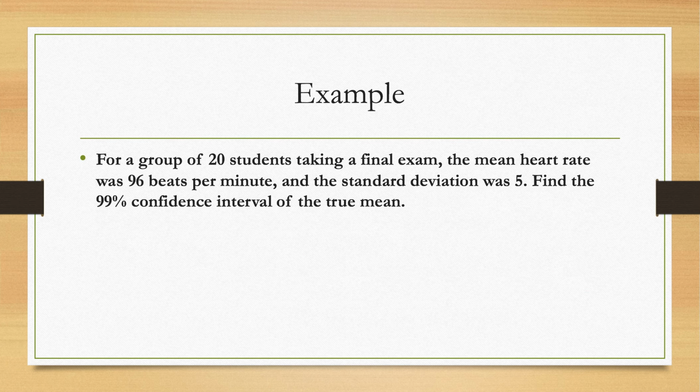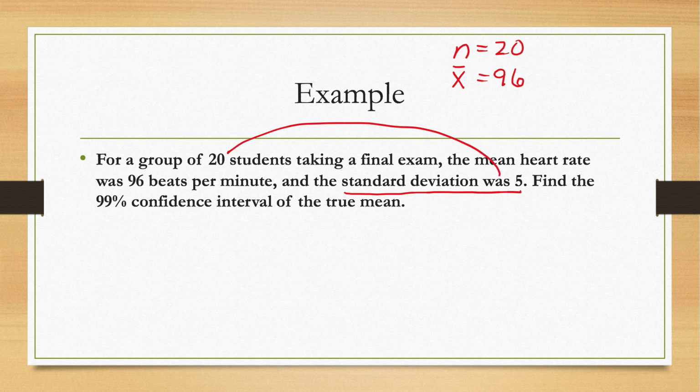This one says for a group of 20 students taking a final exam. Let me just write down as we go. So that would be the n value. The mean heart rate, so that's the sample mean, is 96 beats per minute, and the standard deviation was 5. Remember, if the standard deviation is referring back to those 20 students, then it's sample standard deviation.